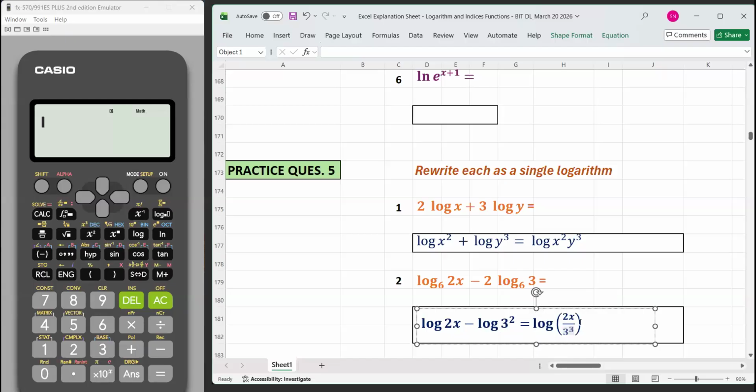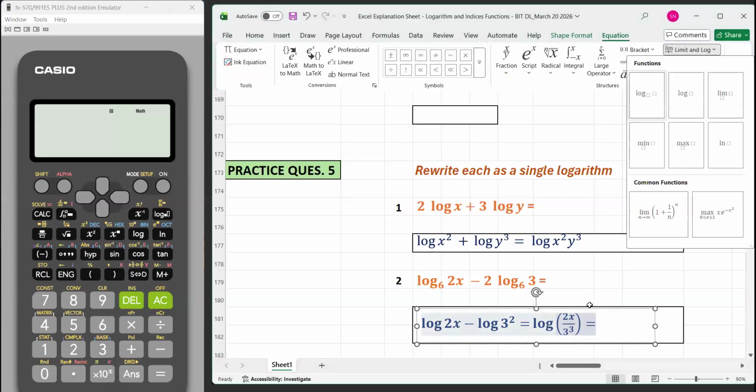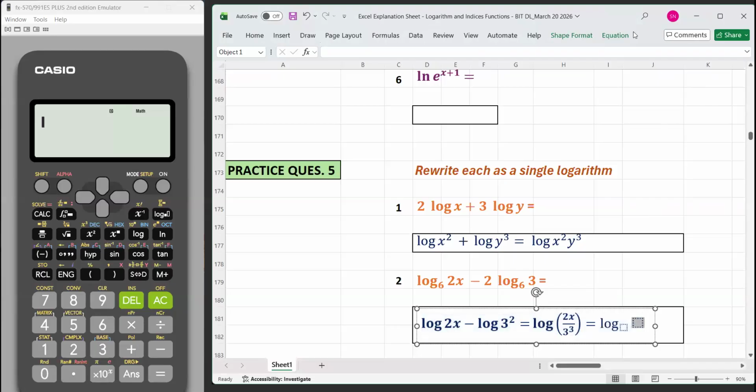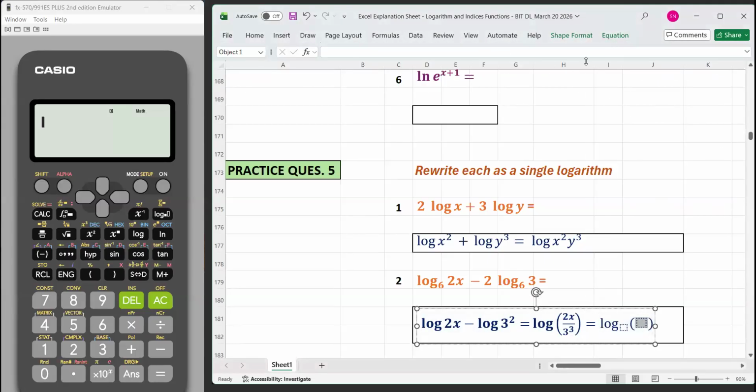So we can go ahead and simplify. This will be 2x divided by 9, all to base 6.